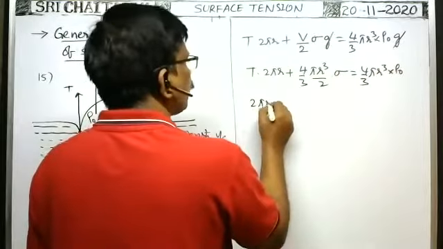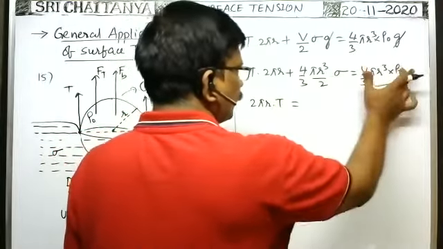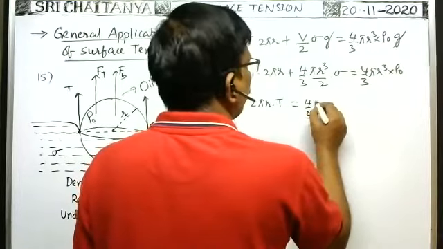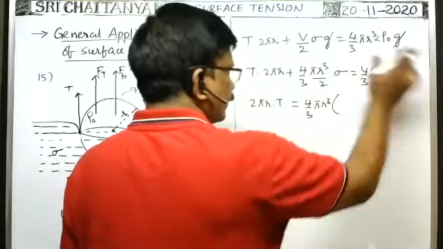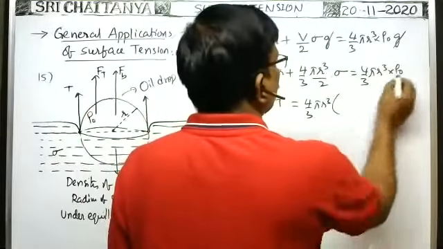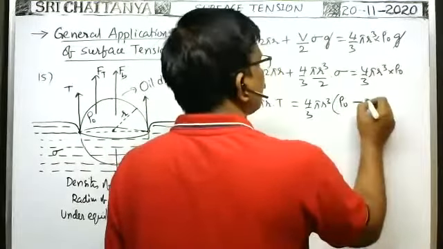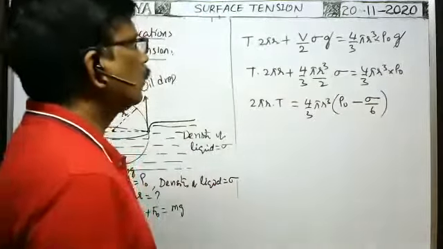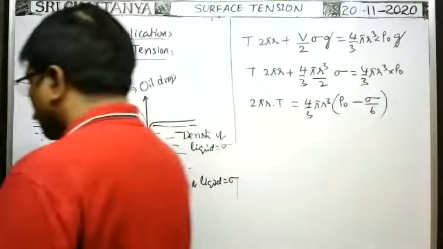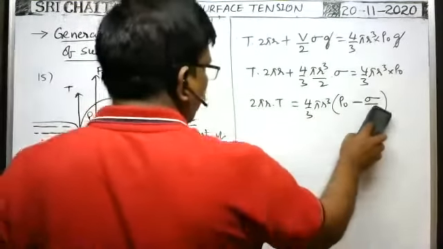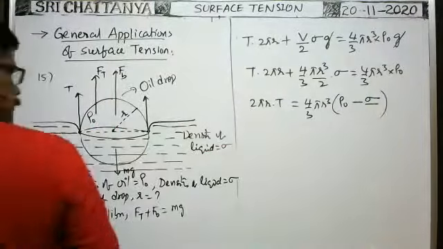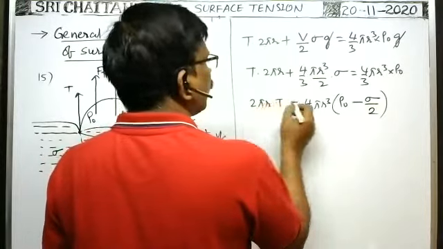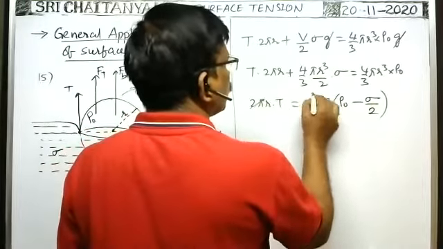So 2 pi small r into T is equal to, you bring it to the right and take 4/3 pi r cube common. Then the remaining is rho naught minus sigma by 2, because 4/3 is taken common. So the 2 pi terms are okay.